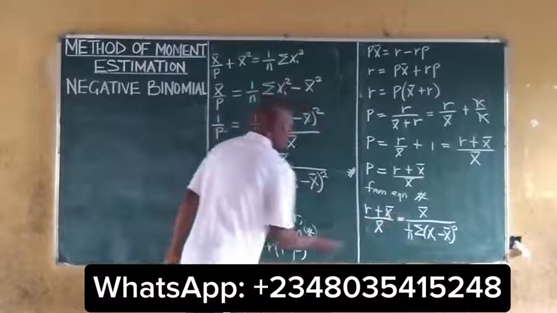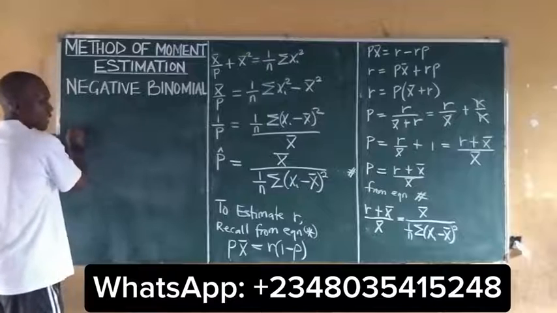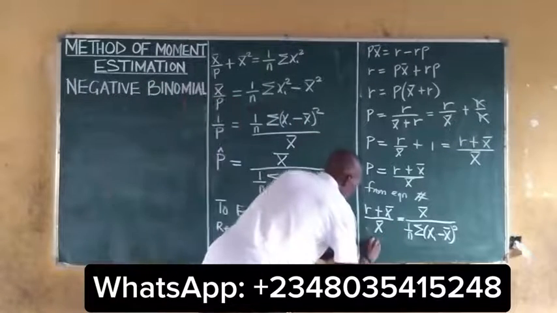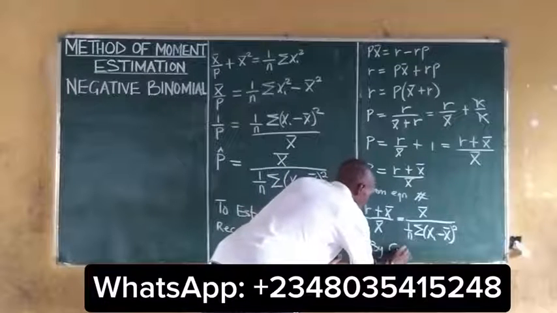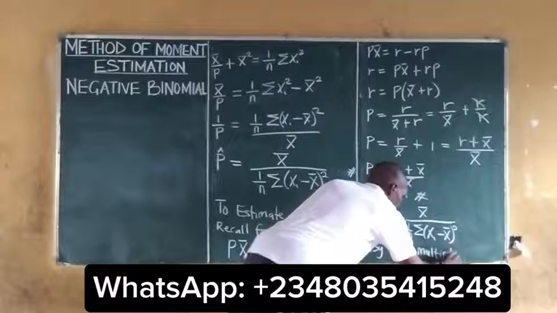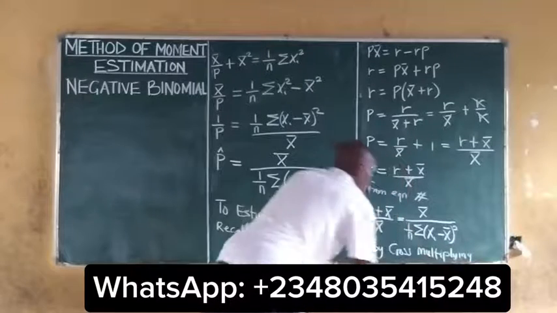If this goes over to this side, we'll have our R estimate by cross multiplying, so that we understand what we are doing.